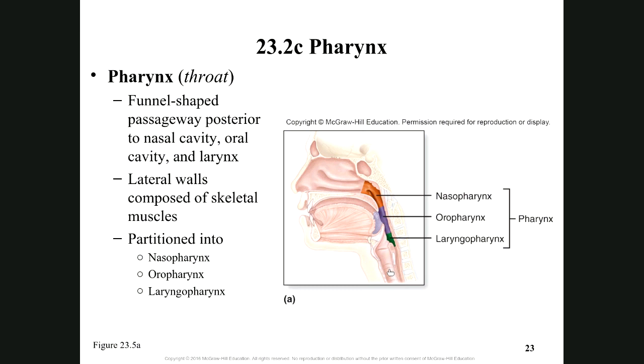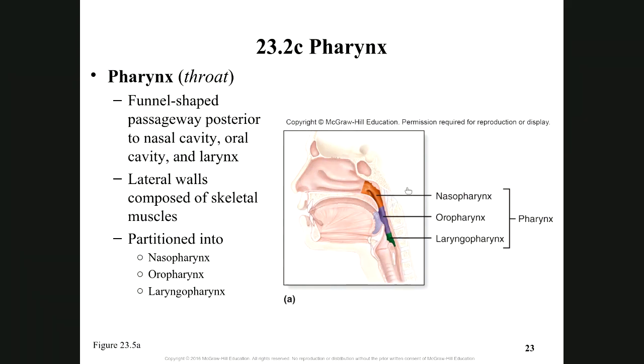As you see here, the pharynx connects the nasal cavity, oral cavity, and the larynx and trachea together. The function and the structure of the pharynx are very important. The lateral wall of the pharynx is composed of skeletal muscle, and we can divide the pharynx into 3 different parts.